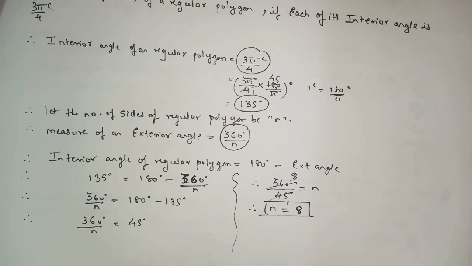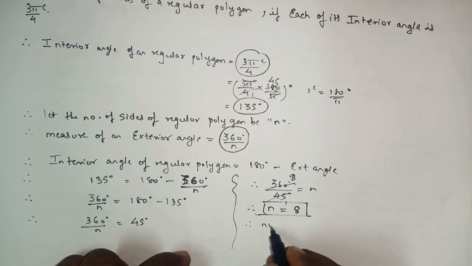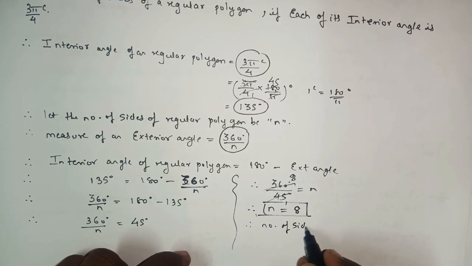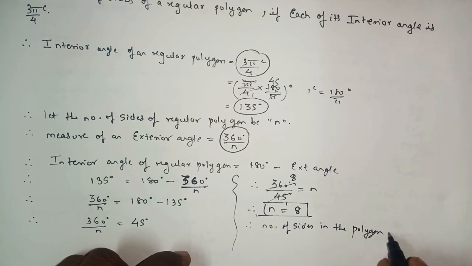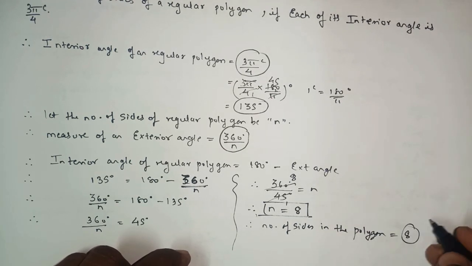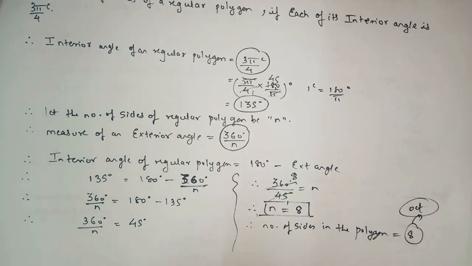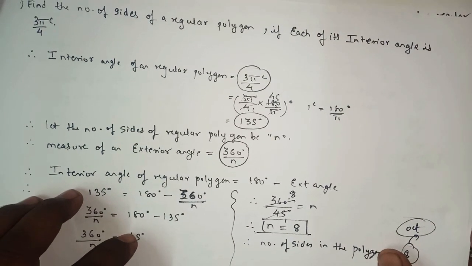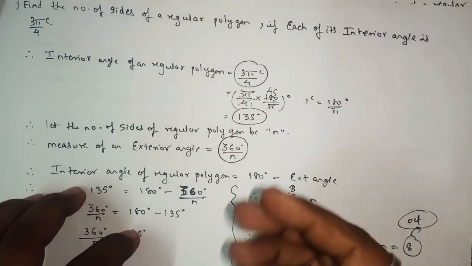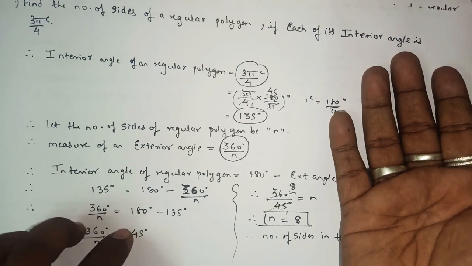Octagon. So the number of sides in the polygon is 8, which is known as an octagon. In this way you can present your sum in the exam and you can find your number of sides with respect to the interior angle if we have it.